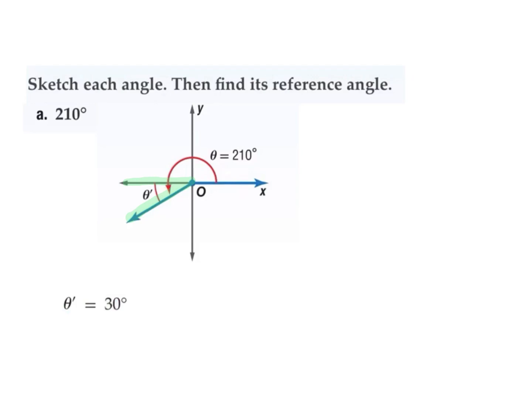So why we use only acute angles is because what we focus on is learning all the different trig ratios for the first quadrant angles, and then we apply them to all these other angles around the unit circle, which is what this thing is called. And we just have to know if there's a sign change or not. You have to think about, well, is y negative over here or positive over here?